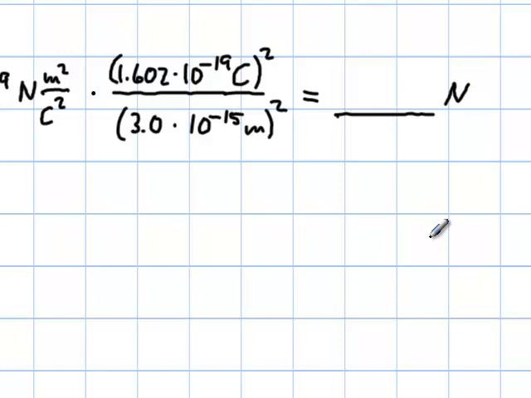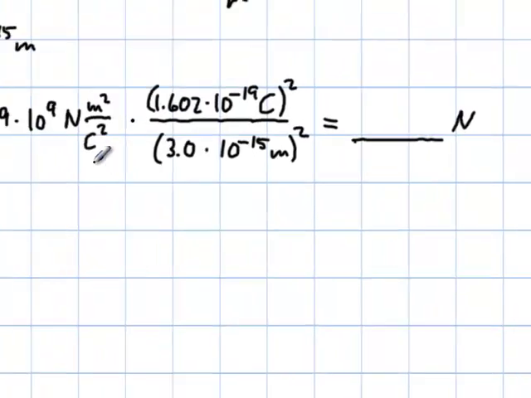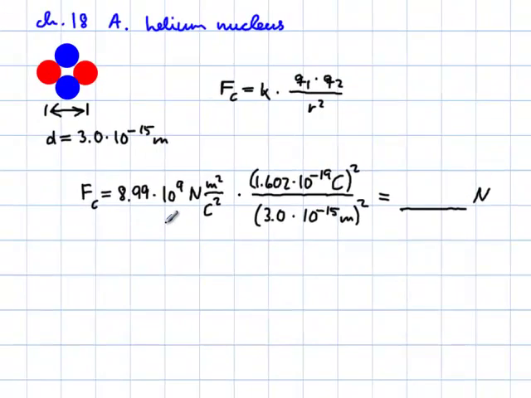Top of my head, there's a -19 and a -15, so using the law of exponents it's -4, but that needs to be squared, which is -8, and then with the 9 here it's 1. 9 minus 8 is 1, so 10 to the first, roughly in the neighborhood of like 10 newtons or so. Well, actually a little bit more, like 40 to 50 newtons perhaps, somewhere around there.